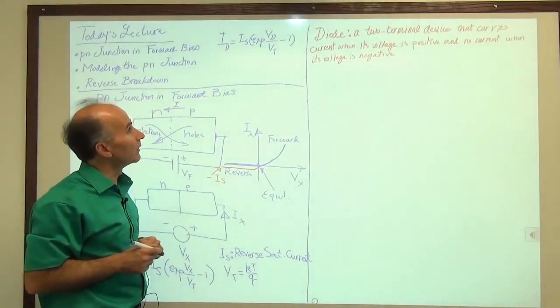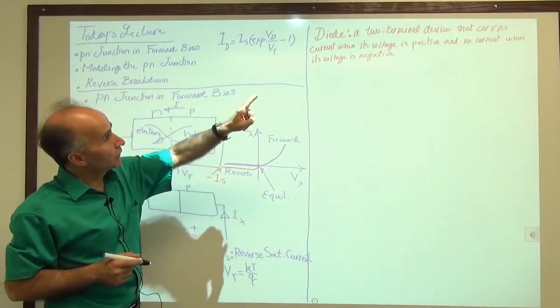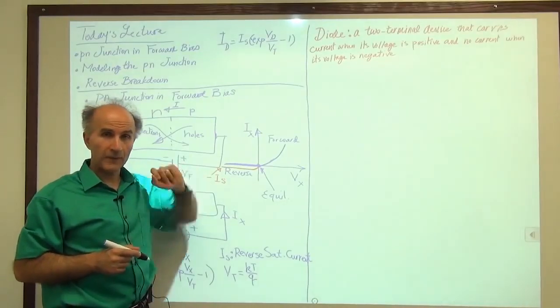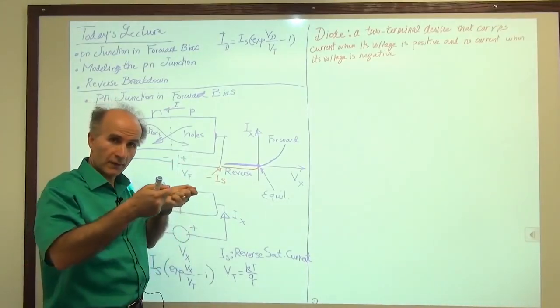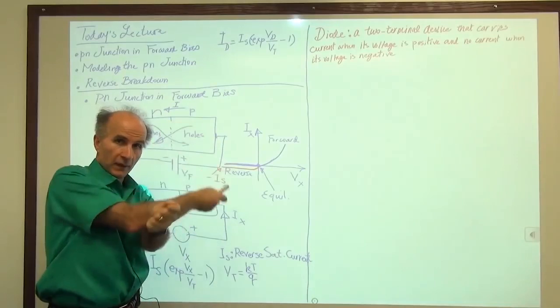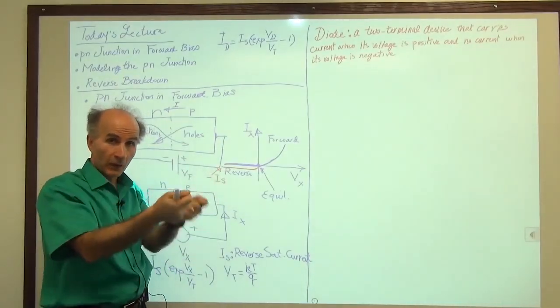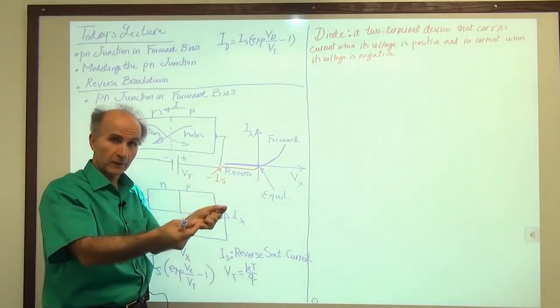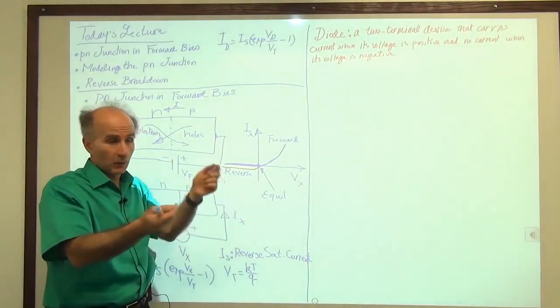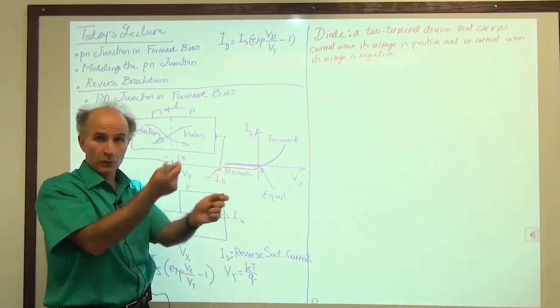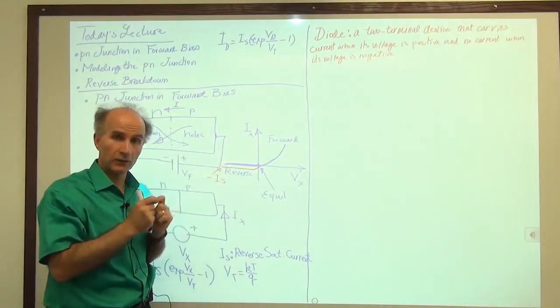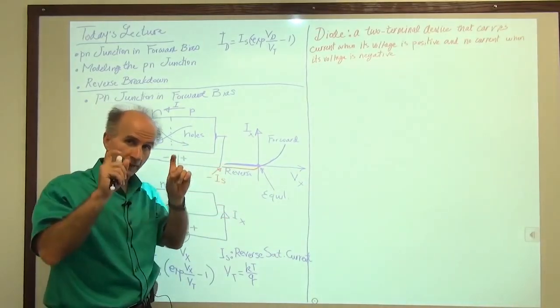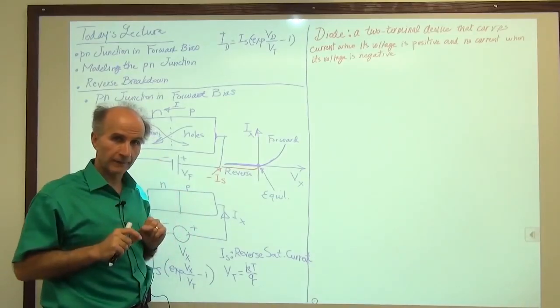Now, if I have a two-terminal device and I'm saying that when the voltage is like so, we have current, or when the voltage is like so, we don't have current, somehow I have to distinguish between one terminal and the other terminal. For a resistor, we don't have a problem. When you switch the polarity of voltage, we also switch the polarity of current. But here, we need to distinguish between the positive terminal and the negative terminal.